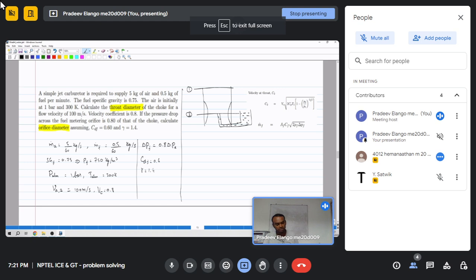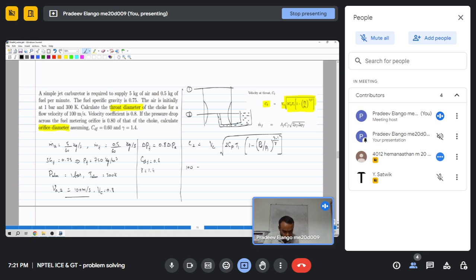For the velocity at the throat, we have this equation from compressible flow. C2 is equal to Vc, the velocity coefficient, into the square root of 2Cp T1 into 1 minus T2 by T1, whole power gamma minus 1 by gamma. At the throat the air velocity C2 is 100 meter per second.